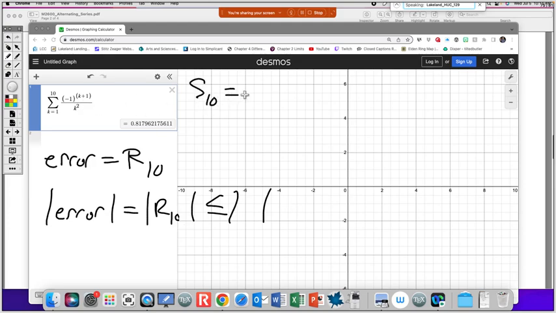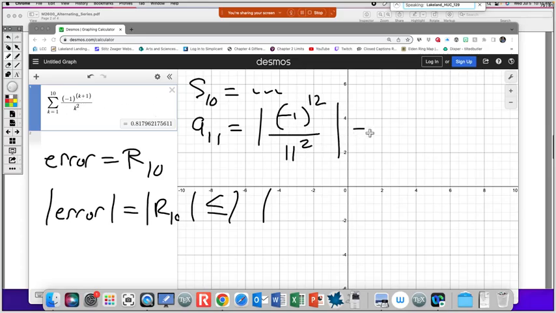S sub 10, I added up the first how many? So the first one would be the a_11, which would be the absolute value of negative 1 to the 12th over 11 squared. That's 1 over 121.